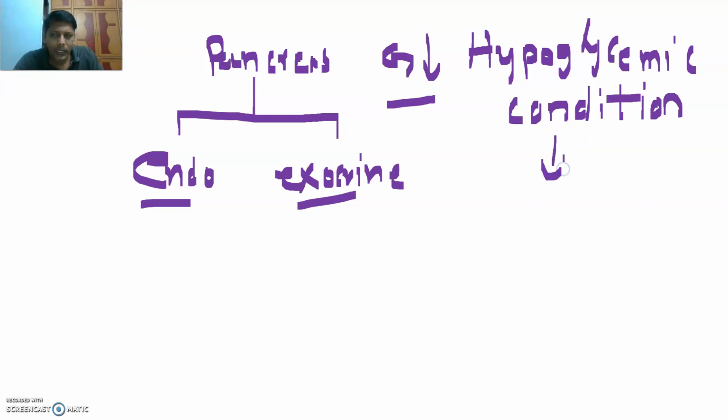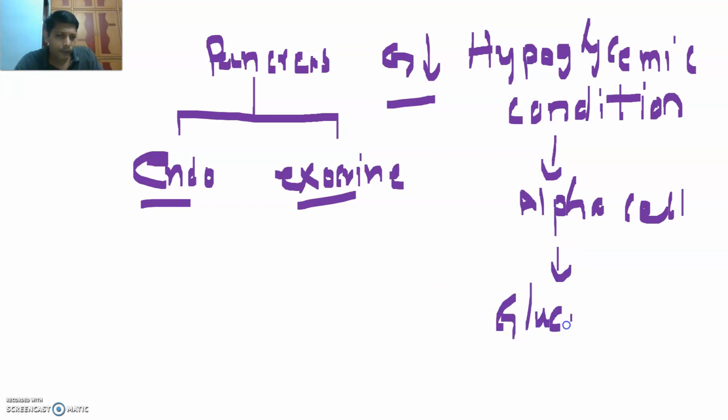Because of this condition, which cells are activated? The glucose level has to be brought back to normal, so alpha cells are activated. Then what do alpha cells do? Alpha cells produce glucagon, not glycogen.